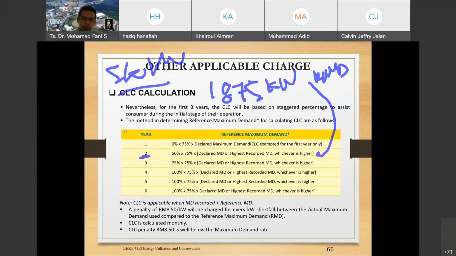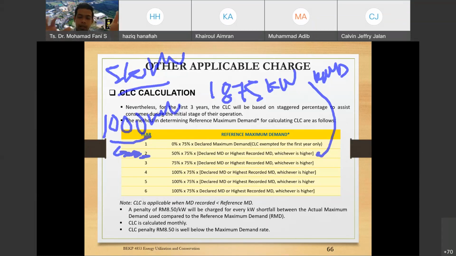So let's say that for the second year, the building only uses 1,000 kilowatt hour, because of the ramping.